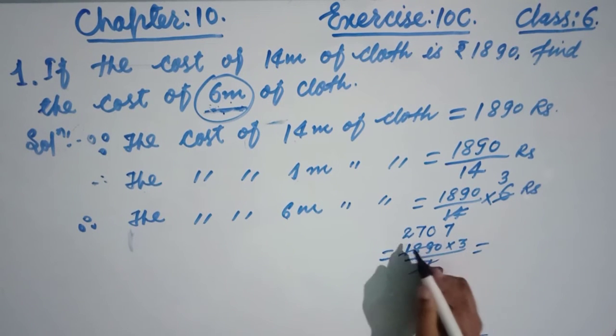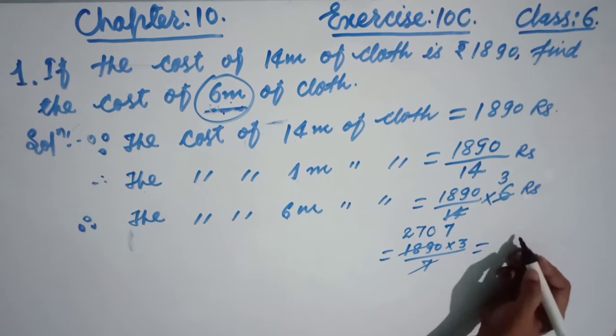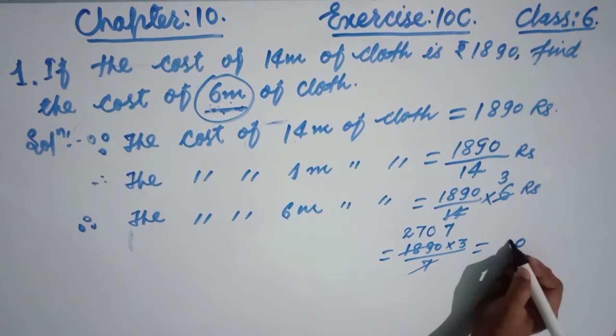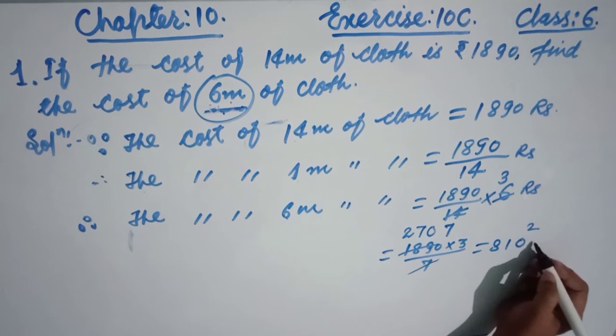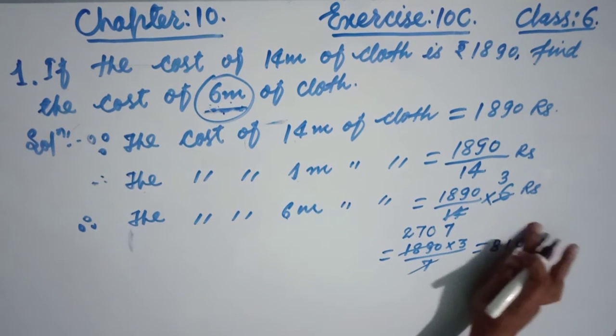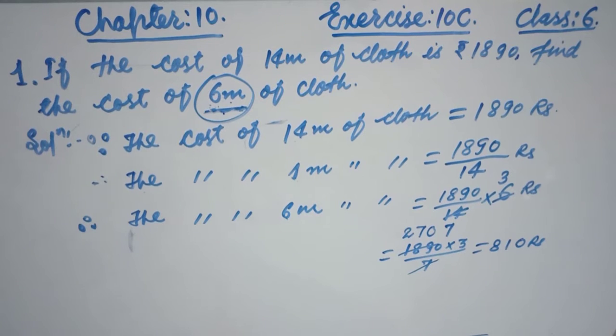Now multiply 270 with 3, 3 7s are 21, 2 is balance, so 810 rupees. Hence the answer is 810 rupees. This is the cost of 6 meter of cloth.